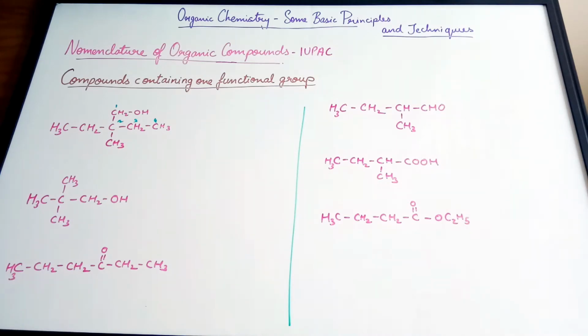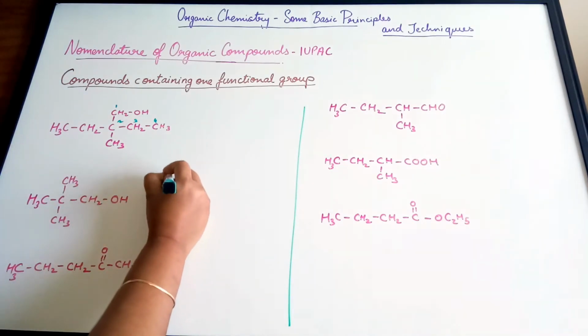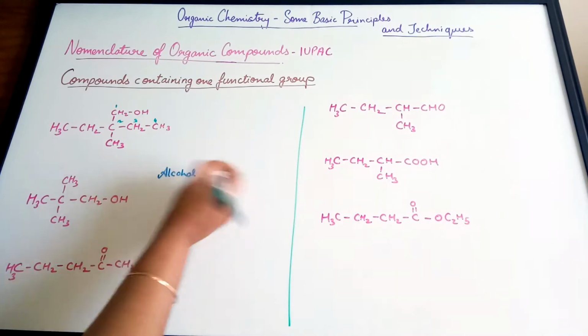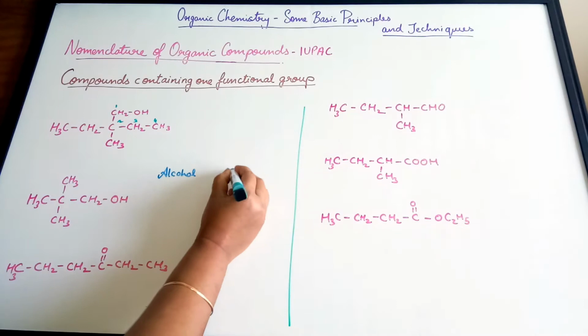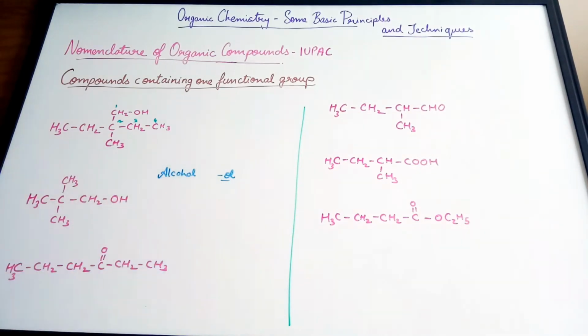So in this compound, first let's talk about this. OH is a functional group which is called an alcohol, and it is denoted in the name as OL. Its suffix is OL. So we know it's an alcohol.